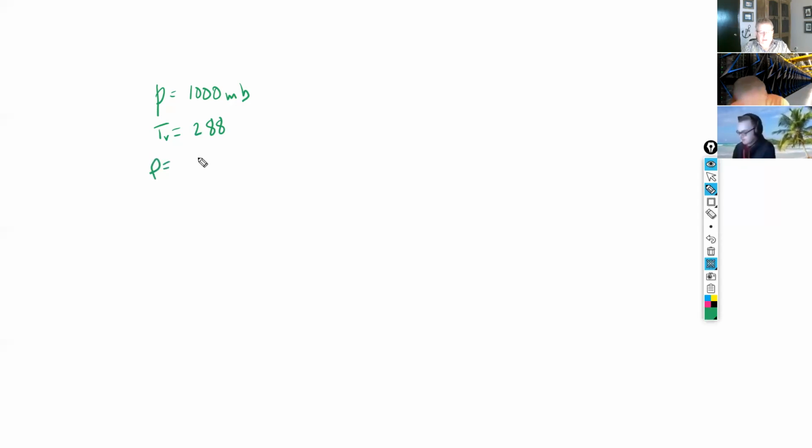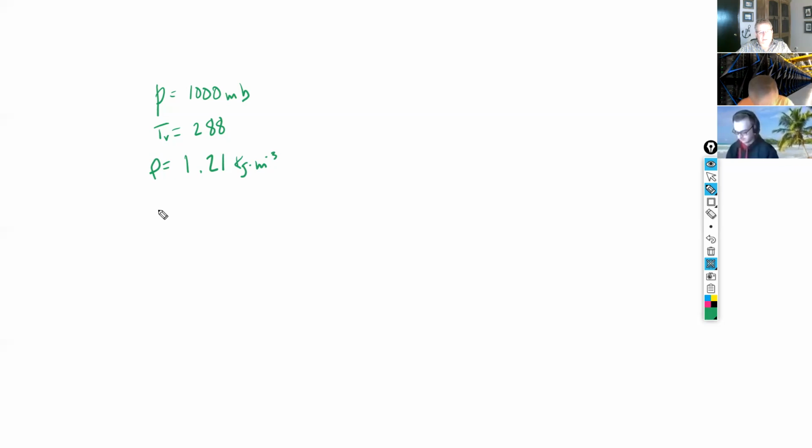We said pressure is 1,000, so it's 100,000 divided by 287 divided by 288. Oh, first of all, that's a big different number too. 1.21 kilograms per meter cubed.